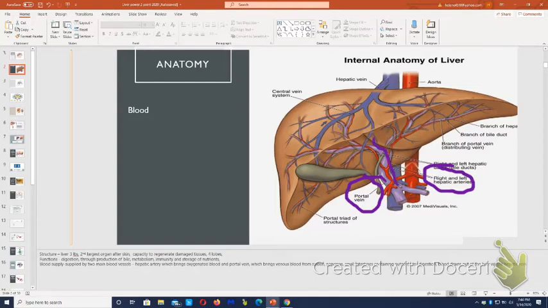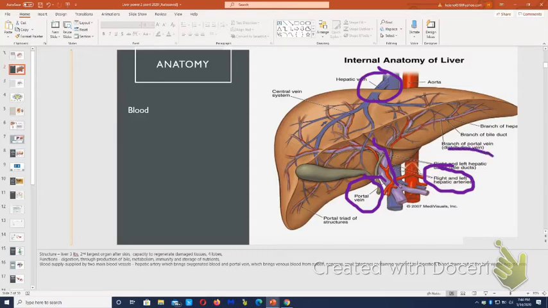The blood flows from the sinusoids to the central vein to the hepatic vein. So here's your hepatic vein up here. And finally into the inferior vena cava. So that's a general rundown of how the blood flows.